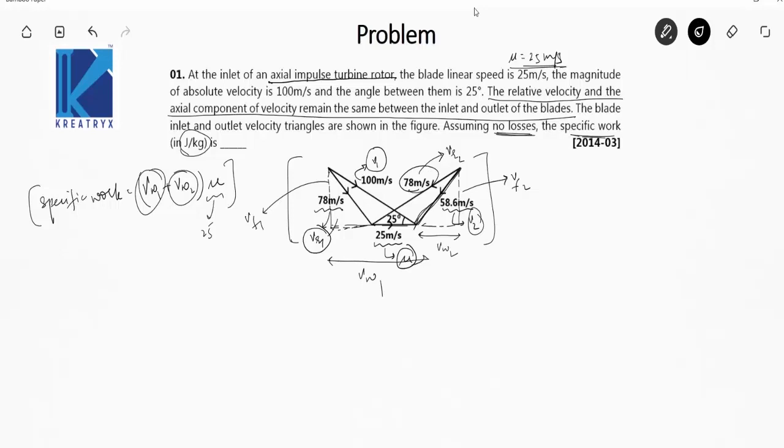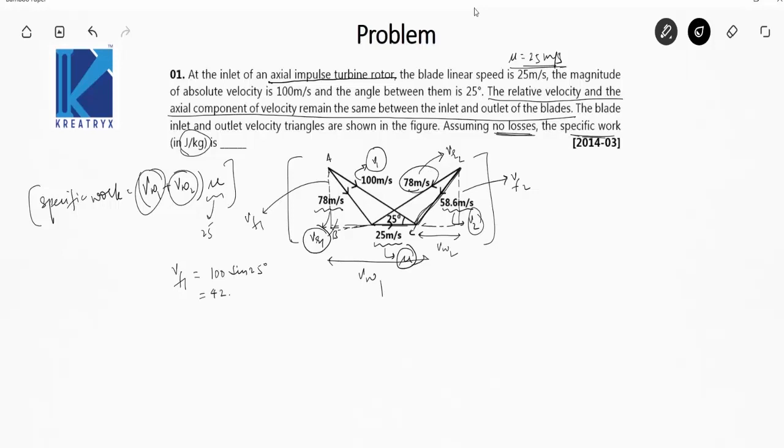Now I guess this is the trigonometry portion. We can find vf1. vf1 is equal to 100 sin 25 degrees, from this triangle ABC. Solve it.